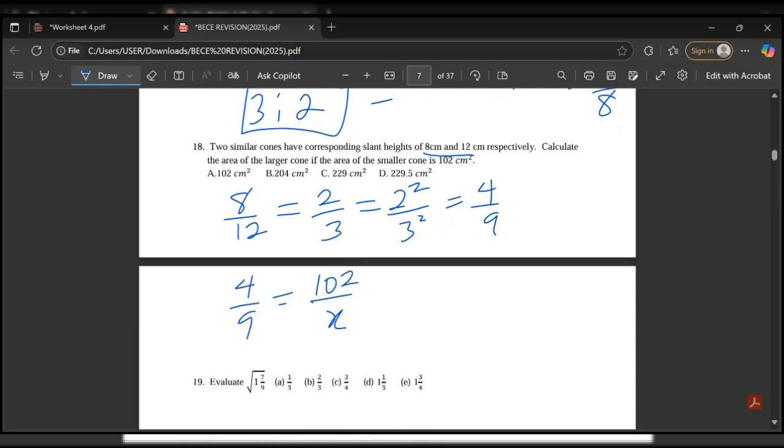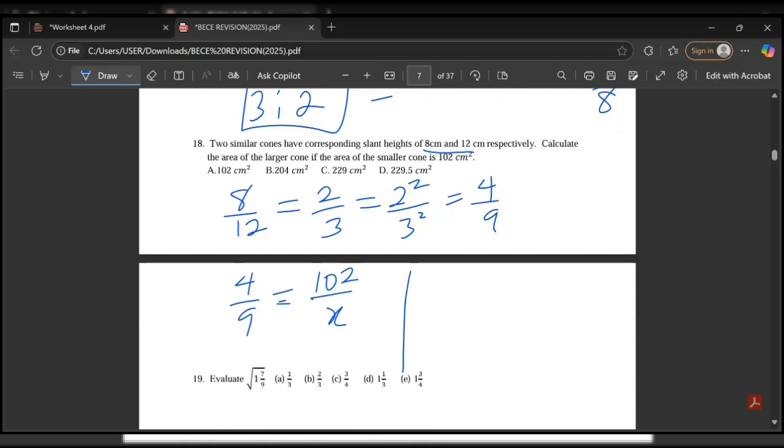From here, we can simplify and find the value of x. Don't forget what I told you yesterday: you can divide numerator and numerator when you have single fractions on both sides of the equation. All right, you can divide.